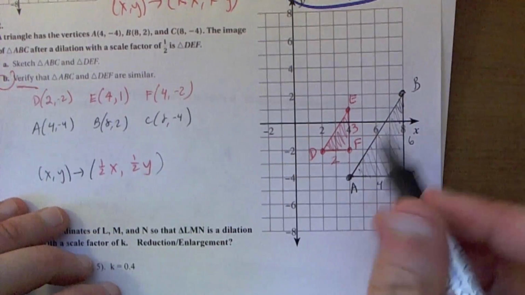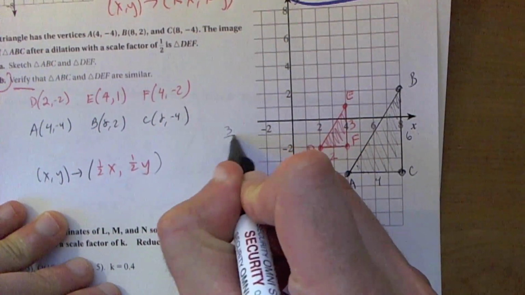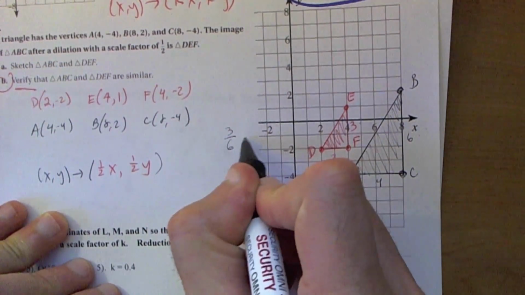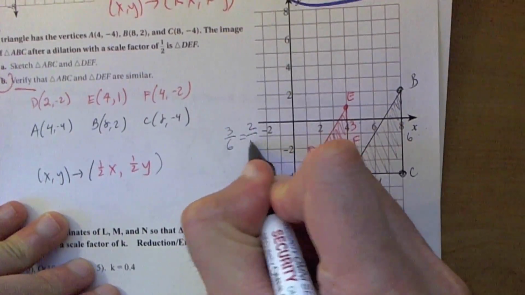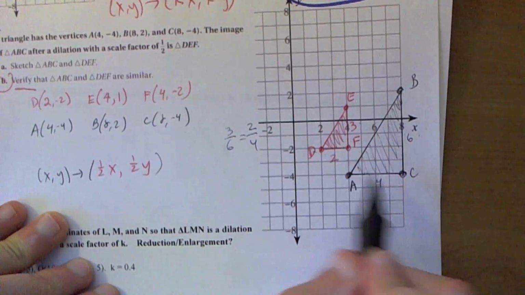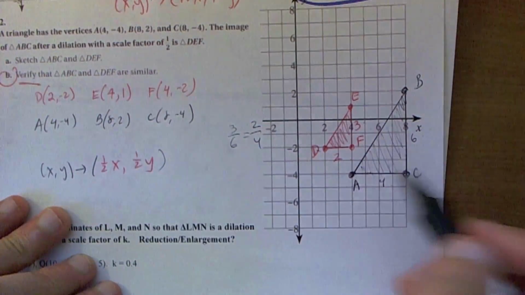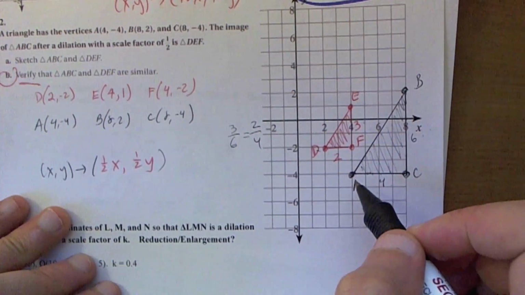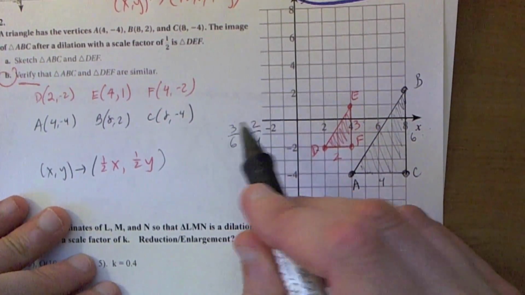If I divide 3 by 6, 3 to 6, that does indeed equal 2 to 4. 3 to 6, this to this is this to this. And if I calculate this length and this length, they would probably be fractional, but it would still be the exact same 1 to 2 ratio.